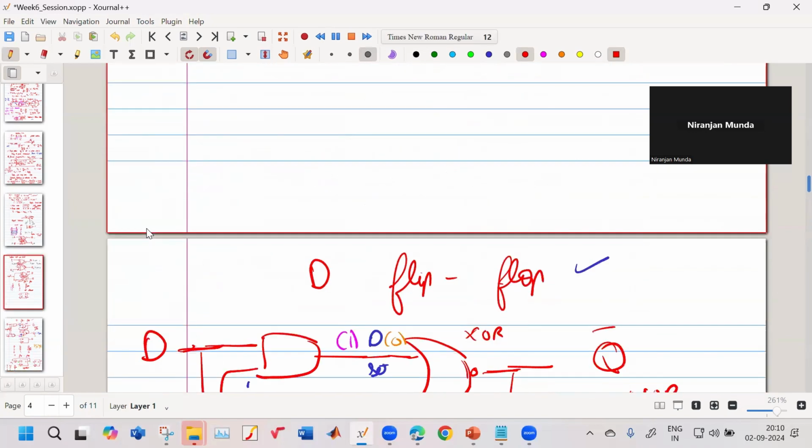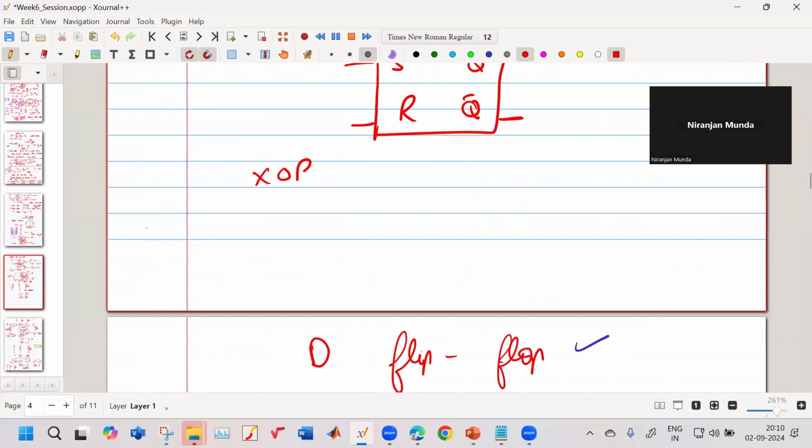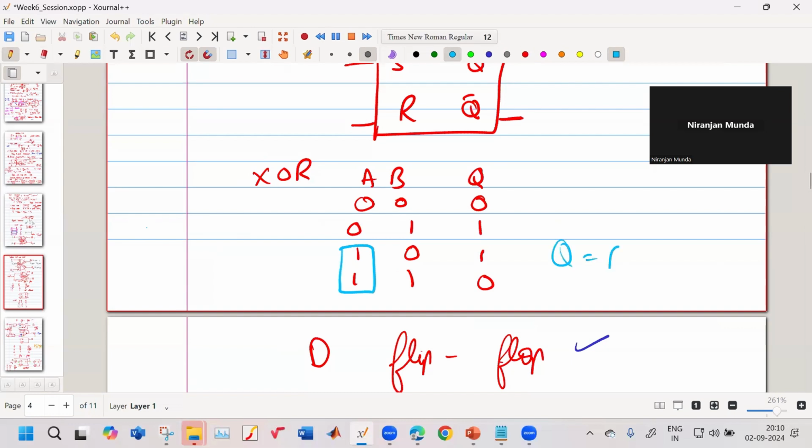Let me consider again A, B, Q: 0, 0, 0; 0, 1, 1; 1, 0, 1; 1, 1, 0. So when one input is always 1, then your Q will be equal to B bar. So this is the concept.